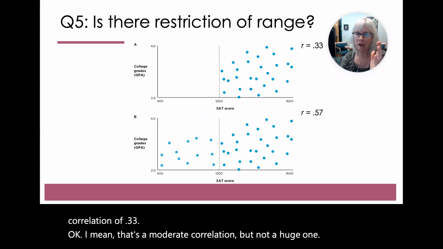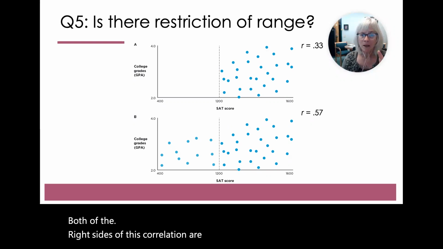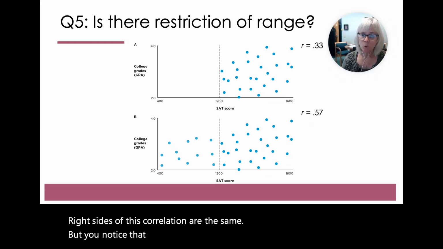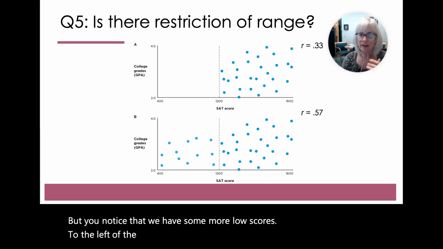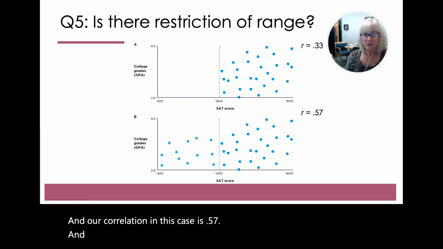Again, both of the right sides of this correlation are the same, but you notice that we have some more low scores to the left of the dotted line in the bottom case. And our correlation in this case is 0.57. And our question should be, who is it that we want to generalize to, I think?